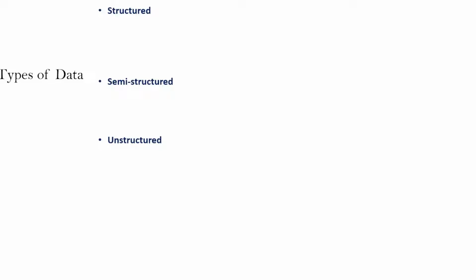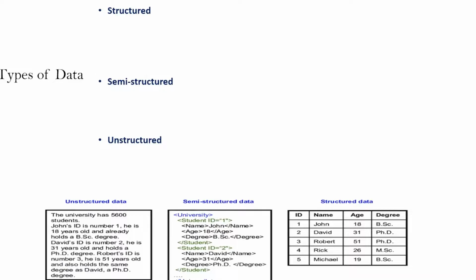As per Microsoft Azure, Microsoft is defining data in three ways: structured, semi-structured, and unstructured. We will discuss in detail every single one: what is structured, what is semi-structured, what is unstructured. Before going to the definitions and other examples, I am putting an example here.